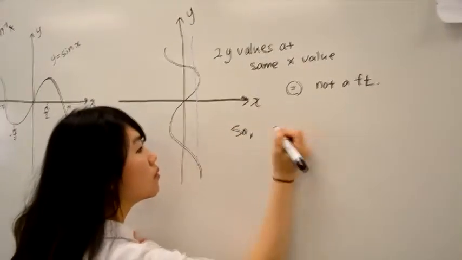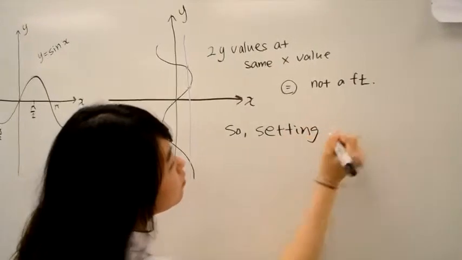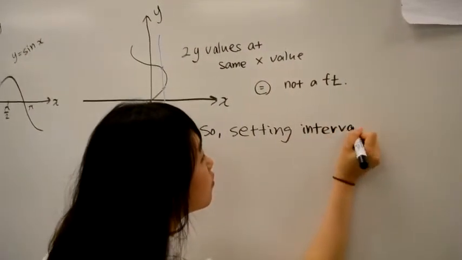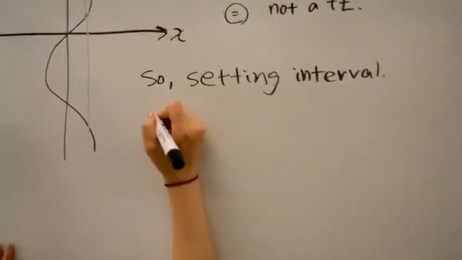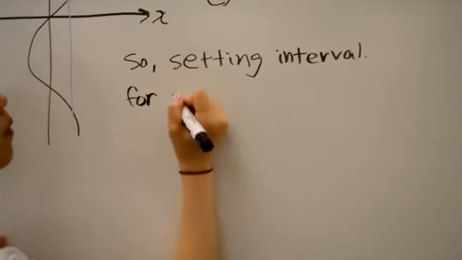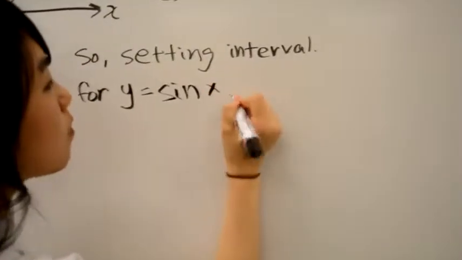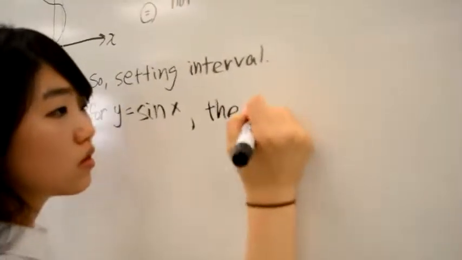To have a derivative of the function, it has to be a one-to-one function. So in this case, it would be necessary to set an interval for y equals sine x and inverse sine x.